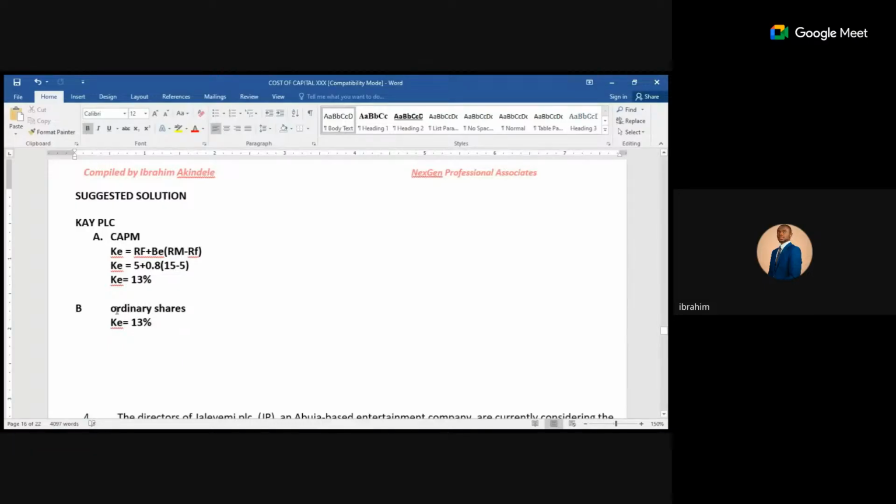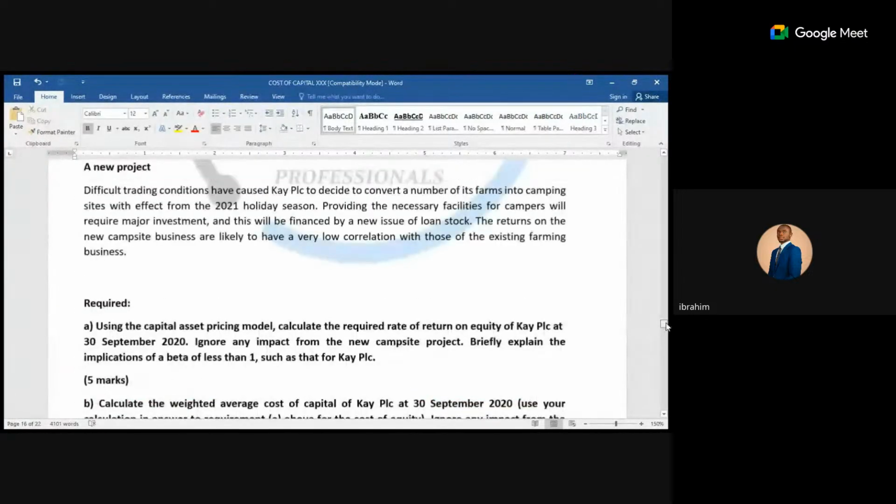Now, the cost of equity here is this. Now, total market value. I will not write that formula that I wrote the other time, so let's go back to the question.